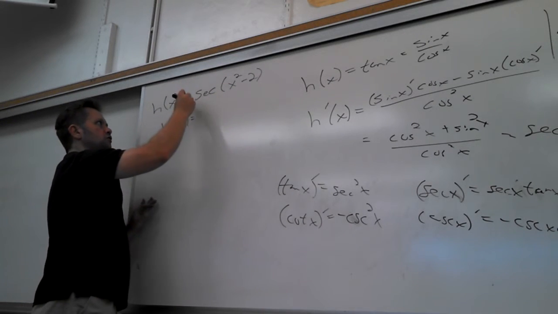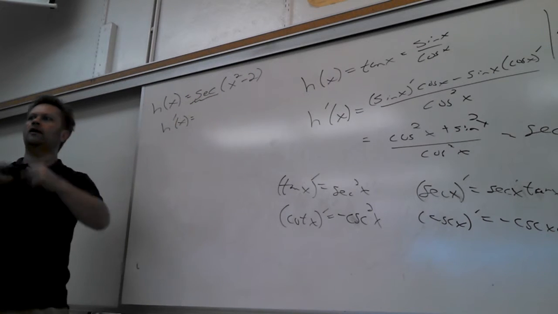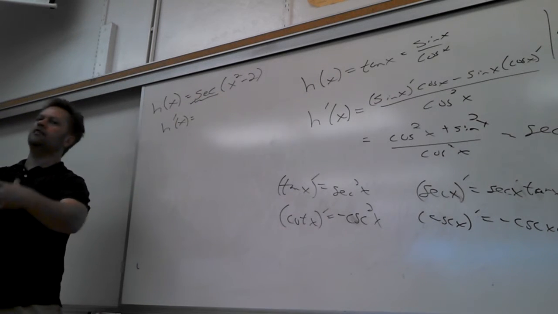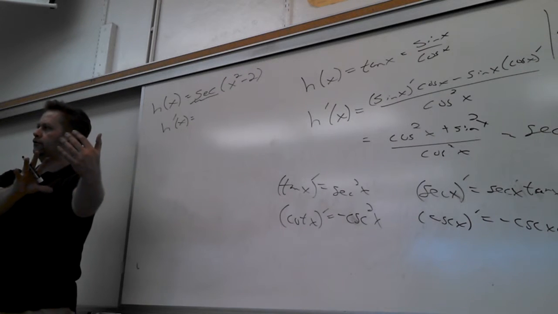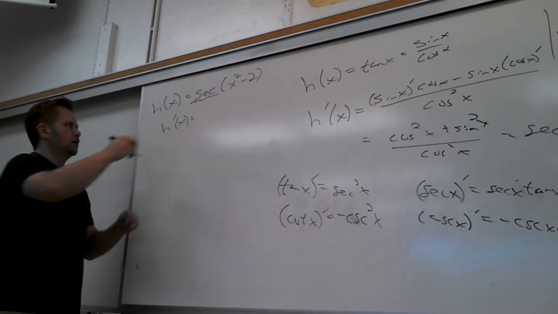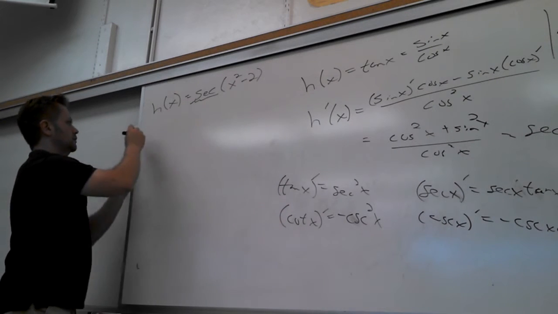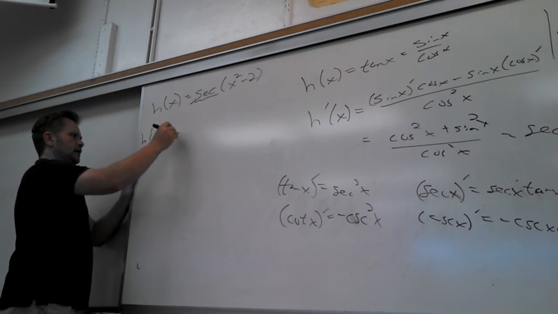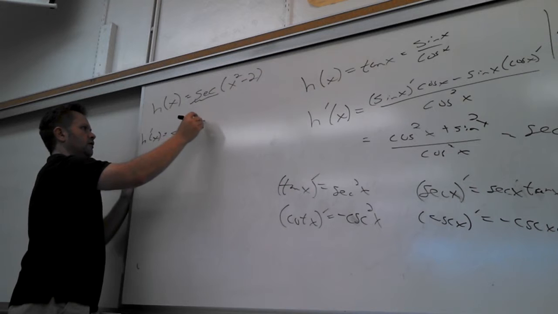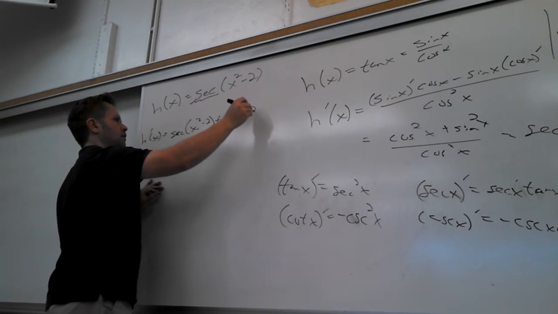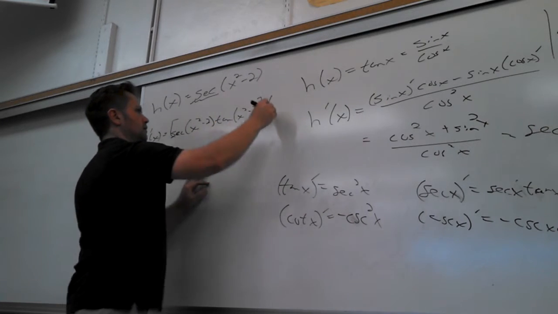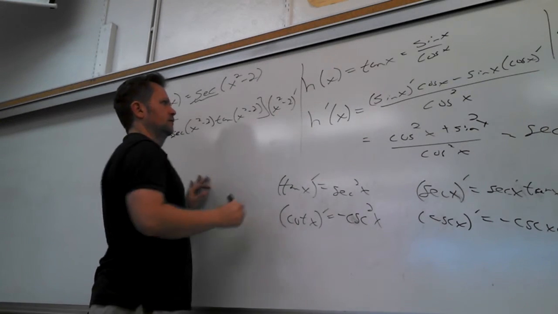So the first thing you do is that's definitely the outside function. You have to follow its rule, and then you multiply whatever that is by the inside derivative. Right? That's the chain rule. But people mess this one up all the time because it's kind of a weird one. So it's secant stuff, tangent stuff, times derivative stuff.